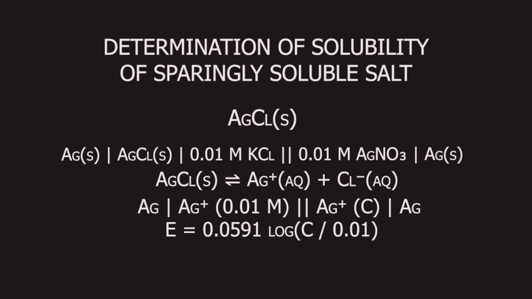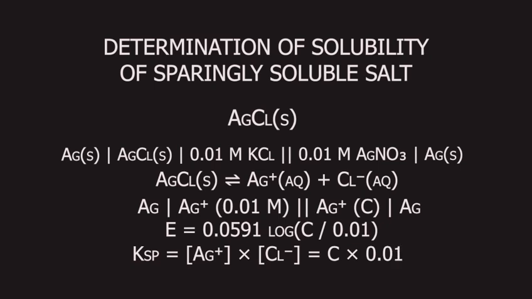The solubility product, Ksp, of silver chloride is then calculated using the equation Ksp equals the concentration of silver ions times the concentration of chloride ions, which is equal to C multiplied by 0.01. This experiment helps in understanding how the solubility of a salt can be determined using electrochemical methods.